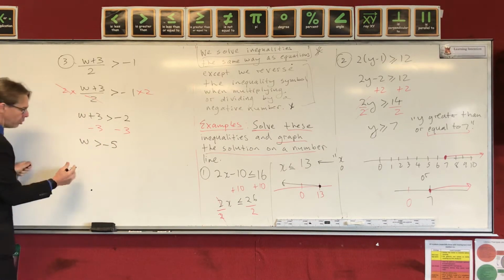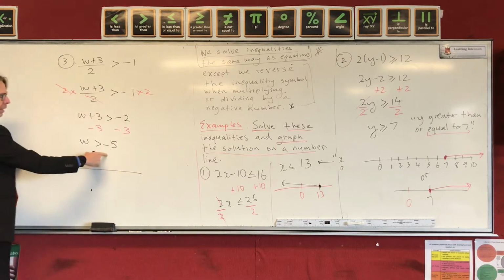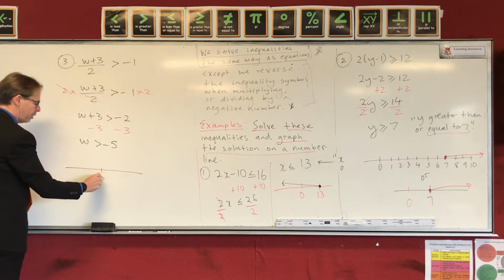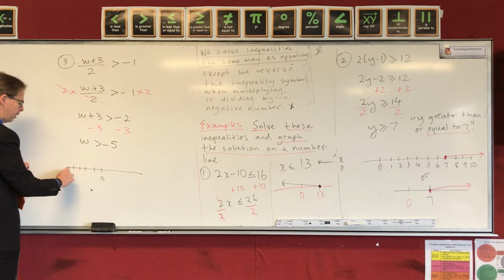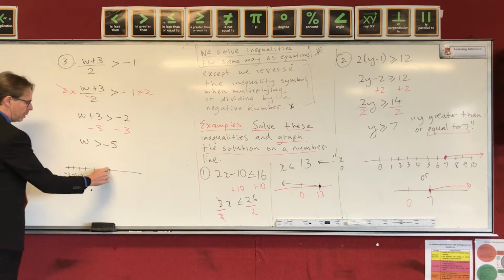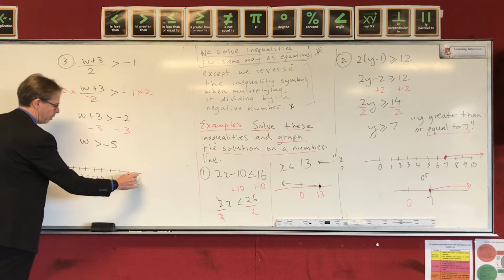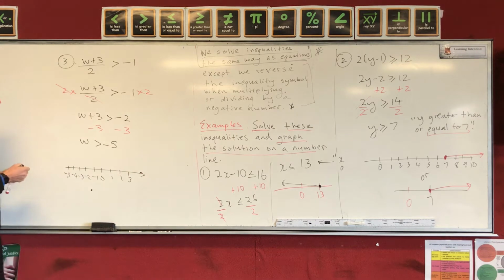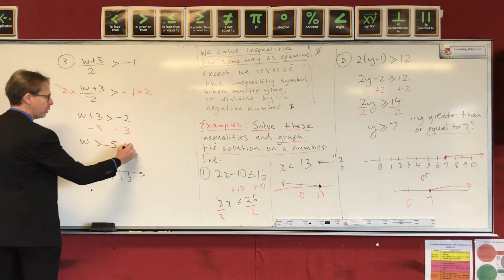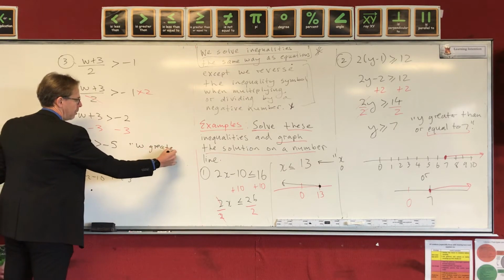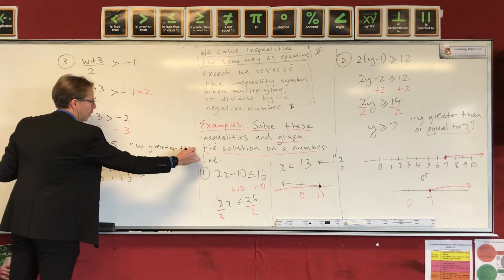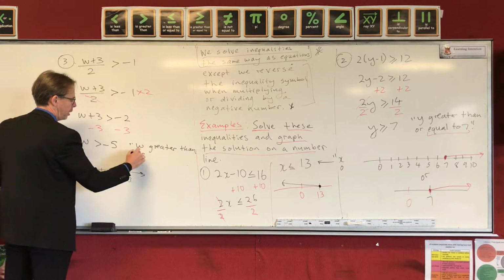Now I'm going to do my number line again. I'll put 0, 1, 2, 3, 4, 5. So minus 5 is down here. Minus 4, minus 3, minus 2, minus 1, 1, 2, 3, etc. Now this says in words, w greater than minus 5.